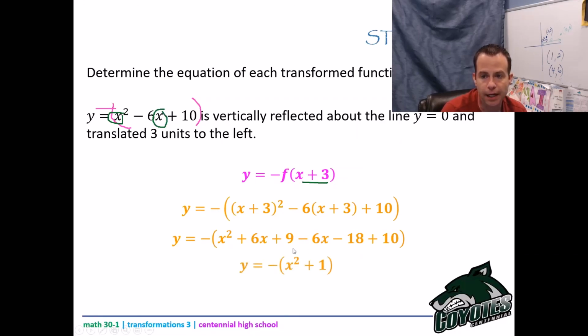When I clean up, my 6x's are gone here, and then I've got 19 minus 18 essentially, which is the 1. So then I'm ending up with -x squared minus 1 when I distribute that negative into the resulting terms inside the bracket. Okay? Good job, guys. Isn't this fun? Okay.